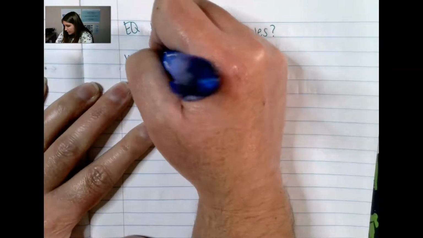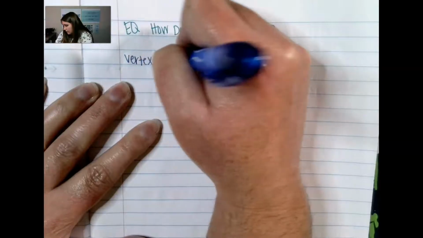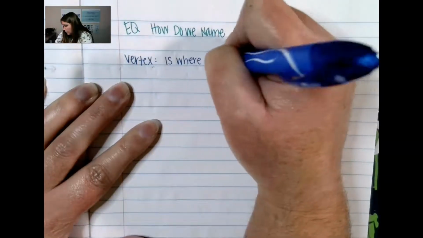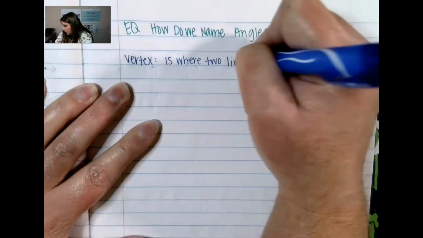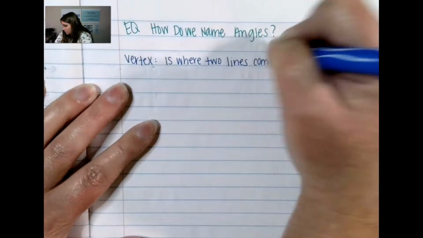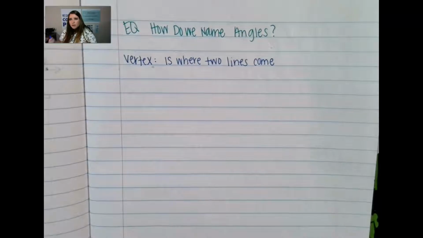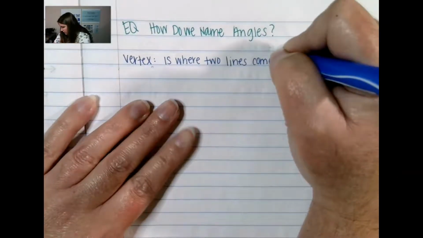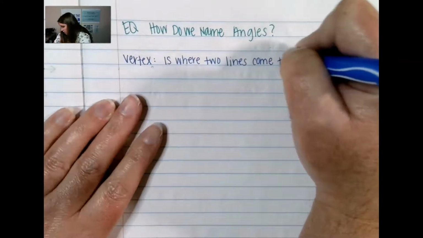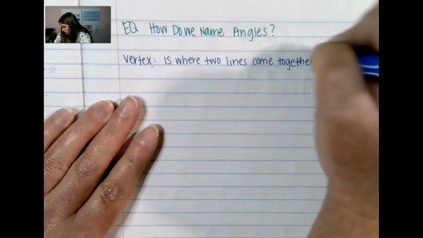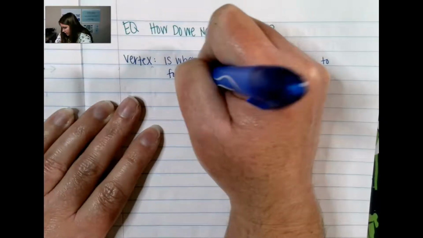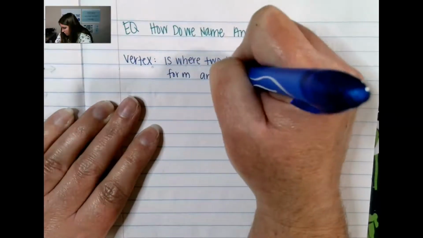A vertex is where two lines come together to form an angle.